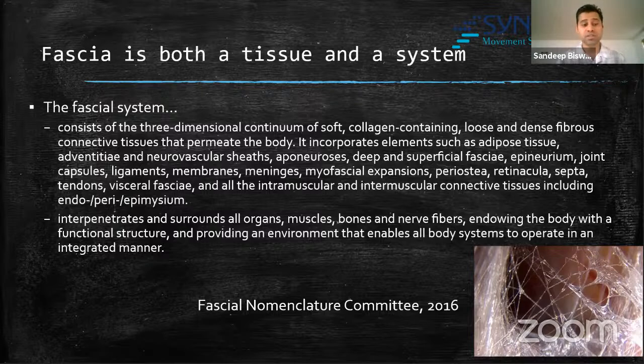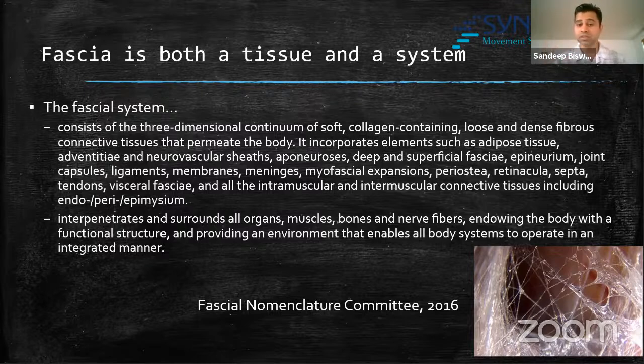So the second definition, what it says, the fascial system interpenetrates and surrounds all organs, muscles, bones, and nerve fibers, endowing the body with a functional structure and providing an environment that enables all body systems to operate in an integrated manner. So very important point. So what it says here is that it is a functional structure. So it is not just a dead tissue or a covering or a sheet of your body.